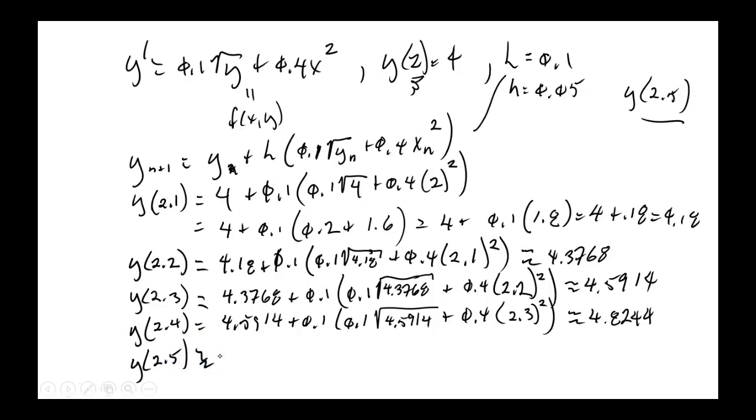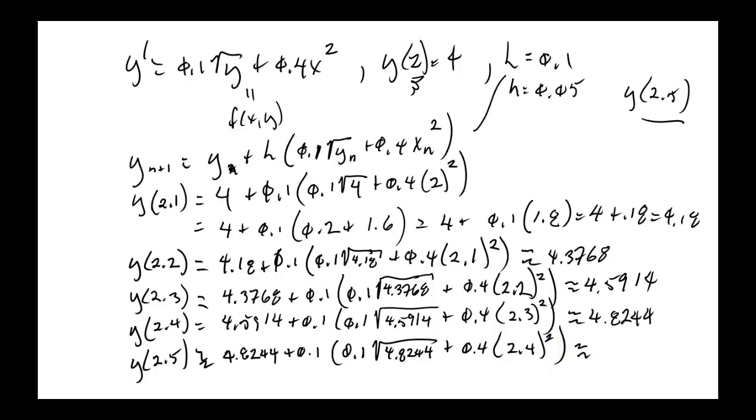And that will be, plug that in, 4.8244 plus 0.1 times 0.1 times the square root of 4.8244 plus 0.4 times 2.4 squared. Six eight. Yeah, that's what they got. Okay.